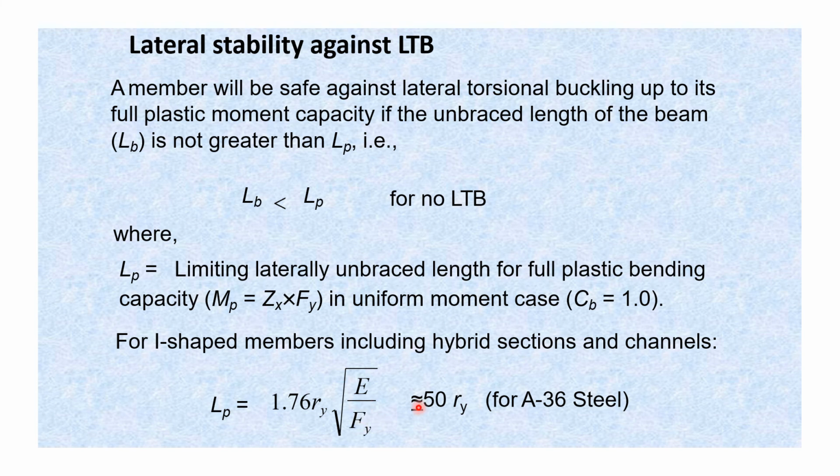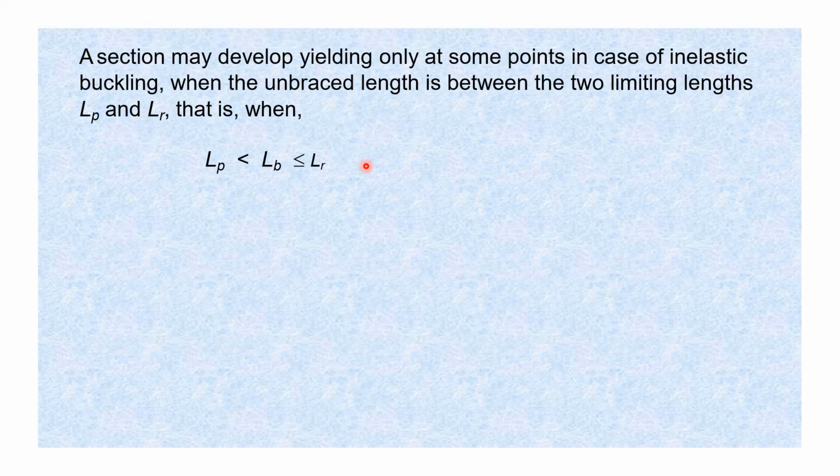Or simply you can approximate for A36 steel, when you put FY as 50 megapascal, E as 200 gigapascal, then you will get 50 RY, radii of gyration. And if our length is less than this LP, then there will be no chance of lateral torsional buckling.